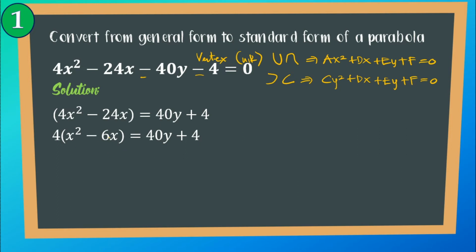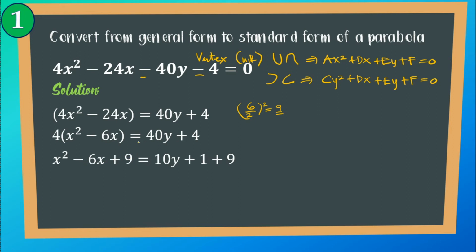So, i-add natin na number, no? So, yung 6, i-divide natin ng 2, tapos squared. So, 6 divided by 2 is 3, 3 squared is 9. So, yung 9 will be added para magiging perfect square trinomial. So, x squared minus 6x plus 9.